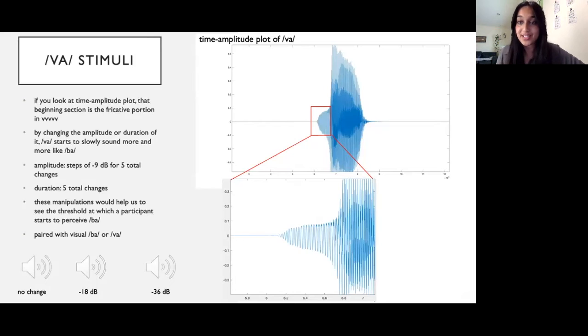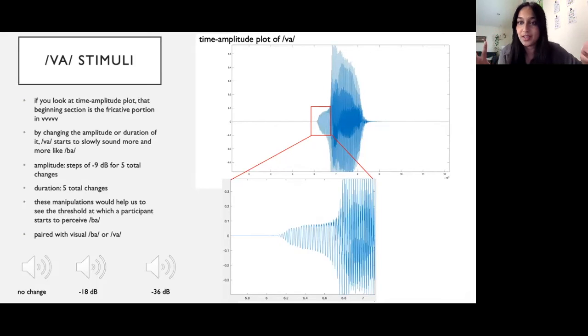And so I took advantage of this and I made 5 amplitude variations where I decreased by -9 decibels each time to create this va to ba spectrum. I did that again with the va audio, where I instead took the duration off. So a little bit of that time window was chopped off, again creating 5 different versions, making a va to ba spectrum.